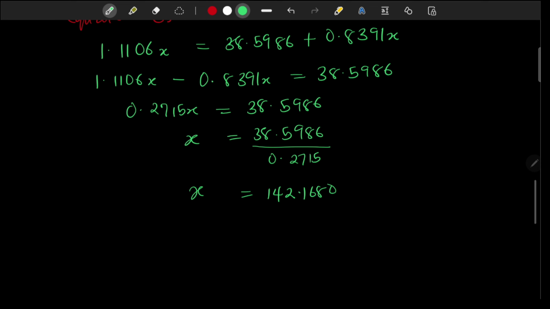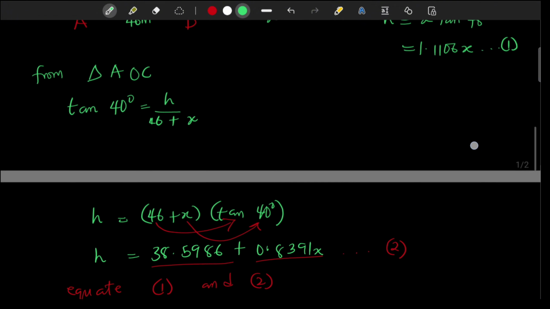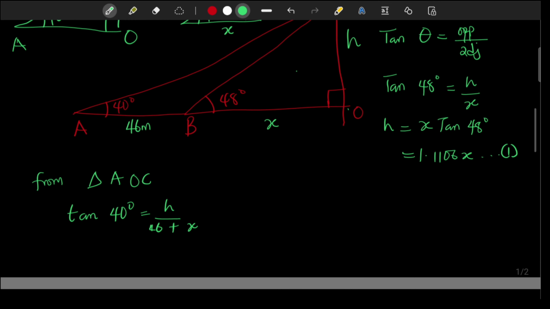So now we can find the height of the pole from equation 1. So you remember your equation 1. Let's just take a sneak peek at it. Here's equation 1. H is equal to this.